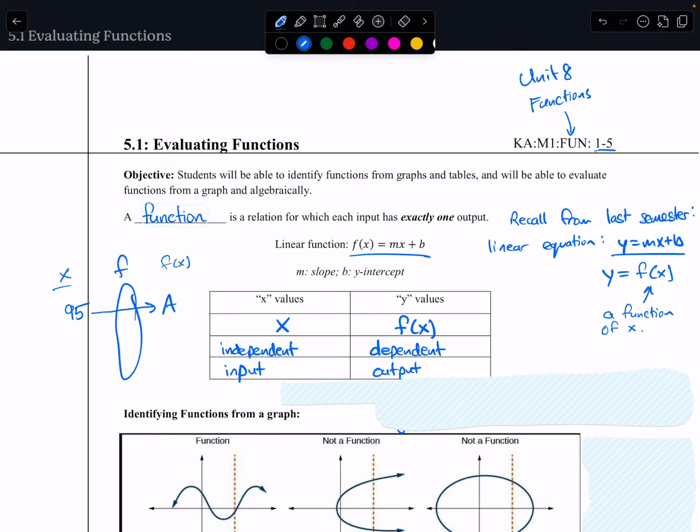It wouldn't be fair, right? If you got a 95 and I give you an A, and then later on somebody else gets a 95 and I give them a B, that's not fair. That wouldn't be a function. But if somebody got, let's say, a 79, according to our grade book, that would be a C. Or if you want to put a plus, you could put a C plus. But once you set that x value, that input, it can only go to one output, and that's what makes it a function.